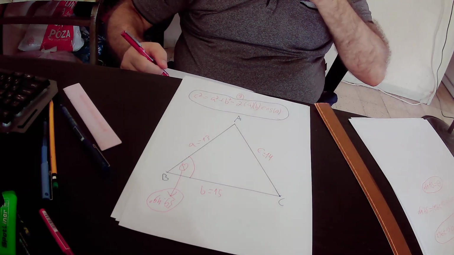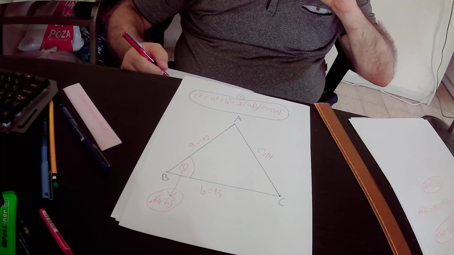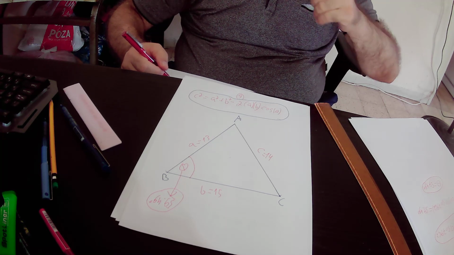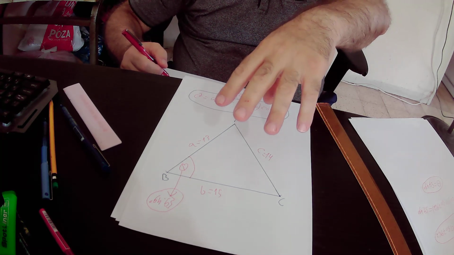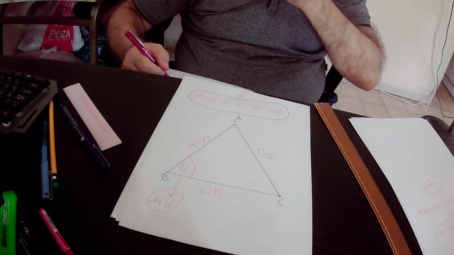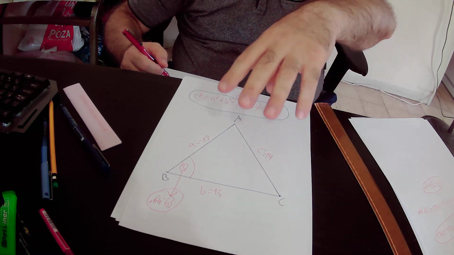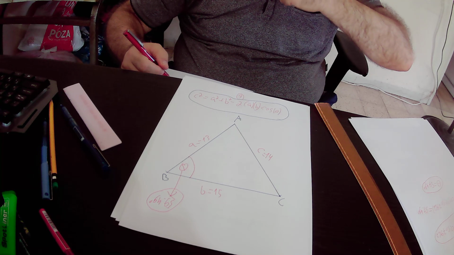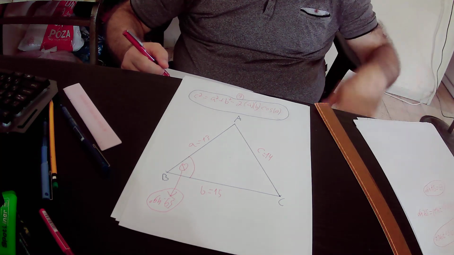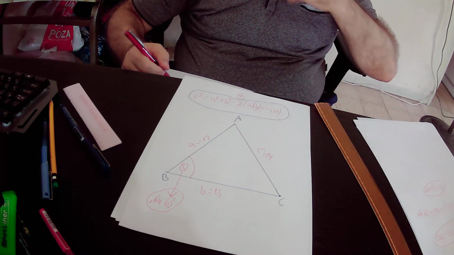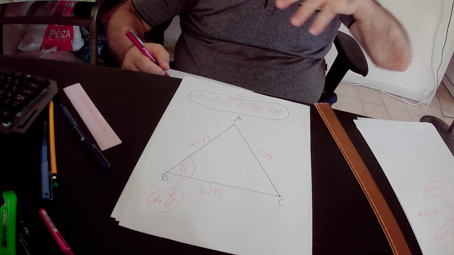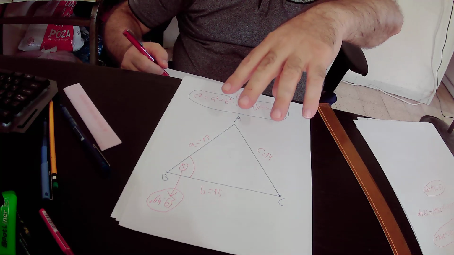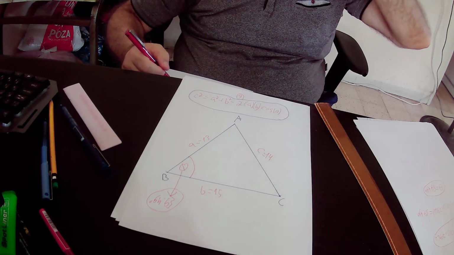Now it is very easy to find out the area of triangle ABC, because we have all the data that we need in order to find the area of this triangle ABC.